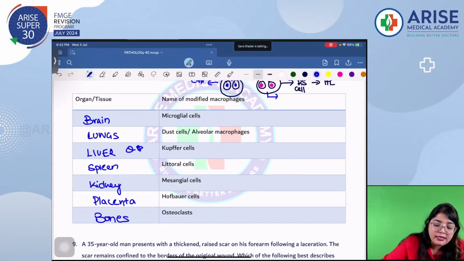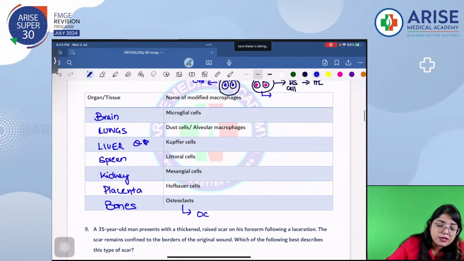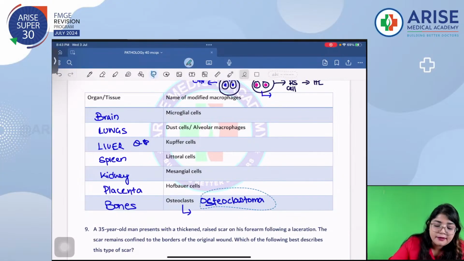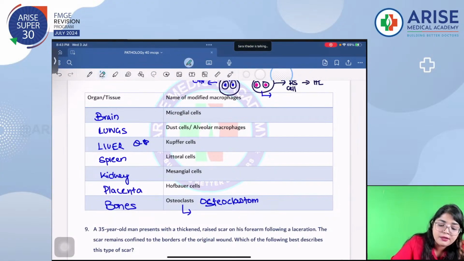Can anybody tell me what is the tumor of osteoclast? What is osteoclastoma? Osteoclastoma, very, very famous question, right? It is a tumor of osteoclasts. Which tumor am I talking about?